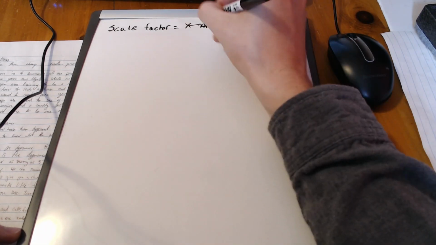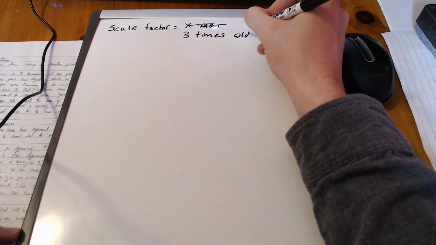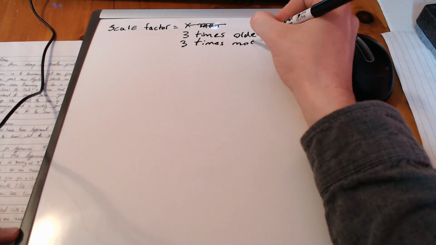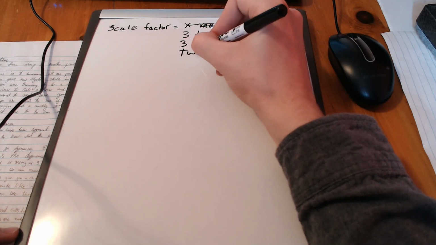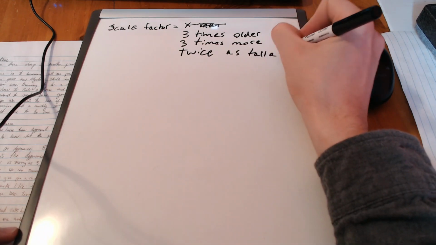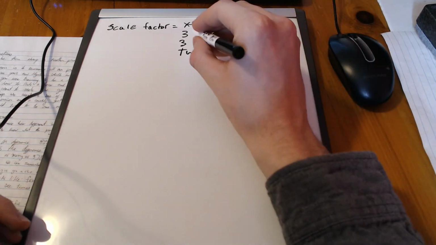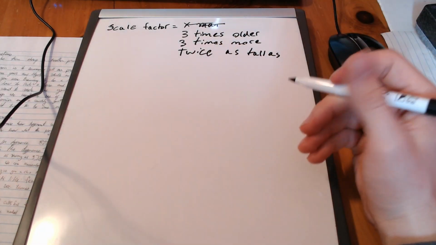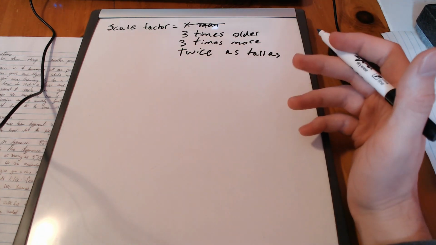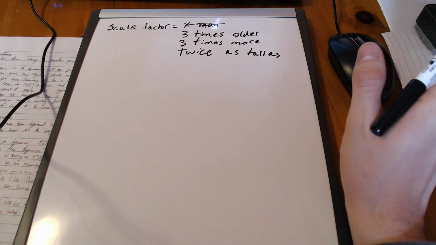You'd say he is 3 times older, or there are 3 times more, or I am twice, so this is one that might catch you, twice as tall as. When we get words like 3 times, 4 times, 5 times, older, more, bigger, or twice as tall, twice as big, twice as old, what we're dealing with is scale factor.